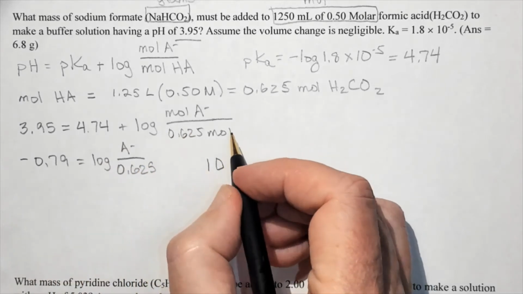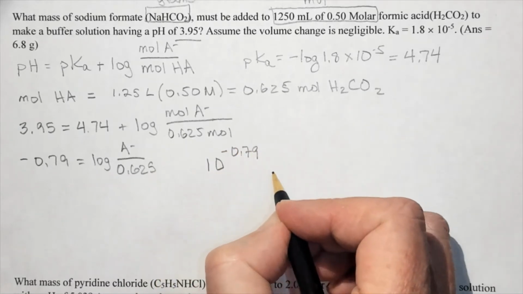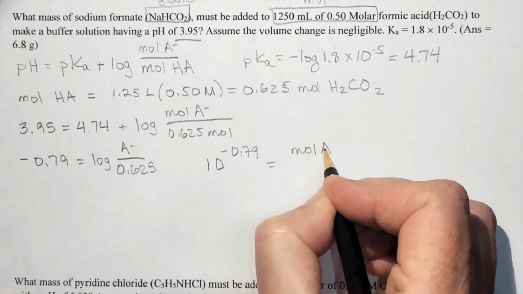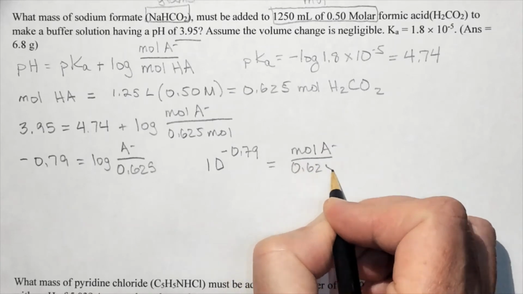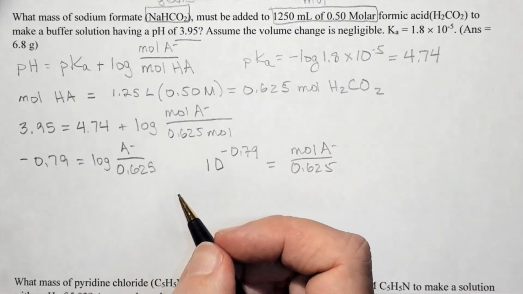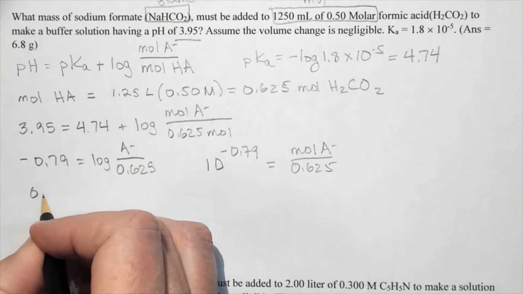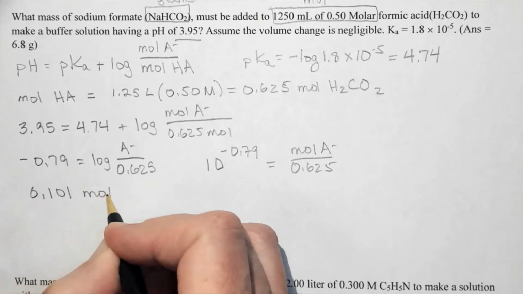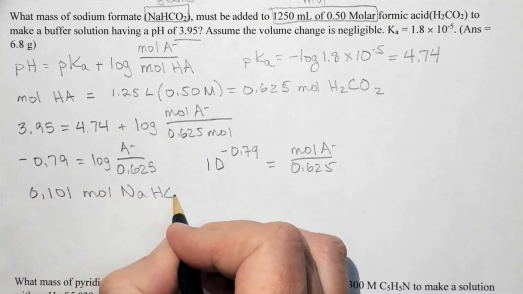We're going to take the negative 0.79 and make that the exponent for 10, and that is moles of A minus over 0.625. And the moles of A minus that we need is 0.101 moles of NaHCO2.